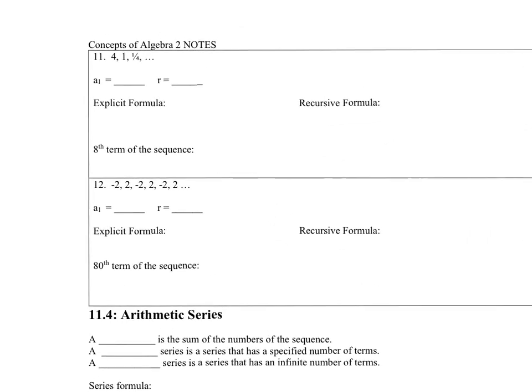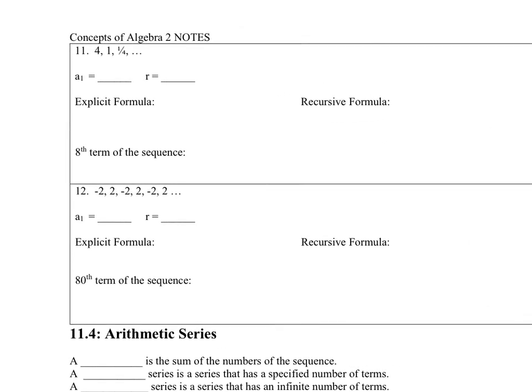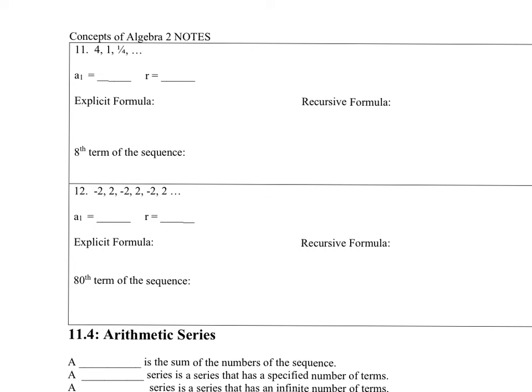Okay, number 11. We're going to write the explicit formula and the recursive formula and find the term of the sequence. So this a sub 1 is 4. To find the common ratio, you do the second term, which is 1, divided by the first term, which is 4. So r is 1/4.